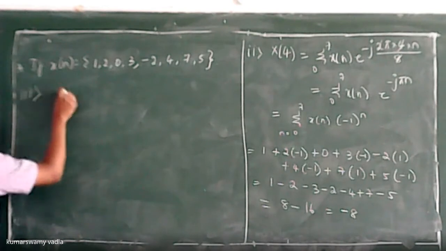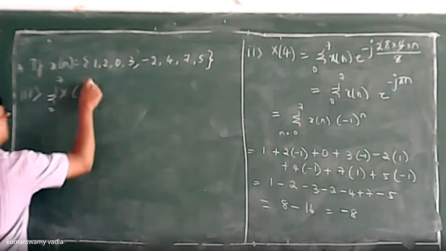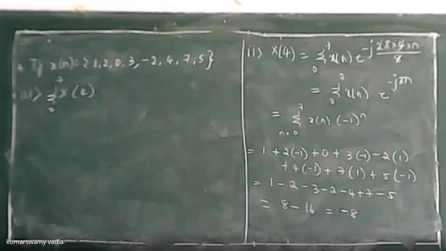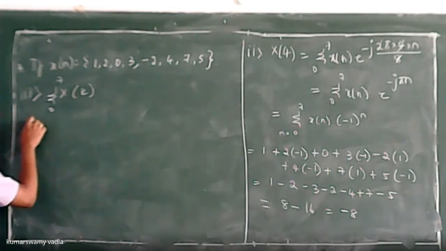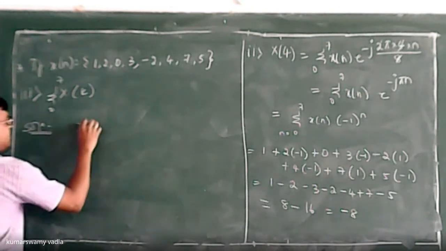You should find out capital summation 0 to 7 capital X of K. So, let me use the IDFT definition.